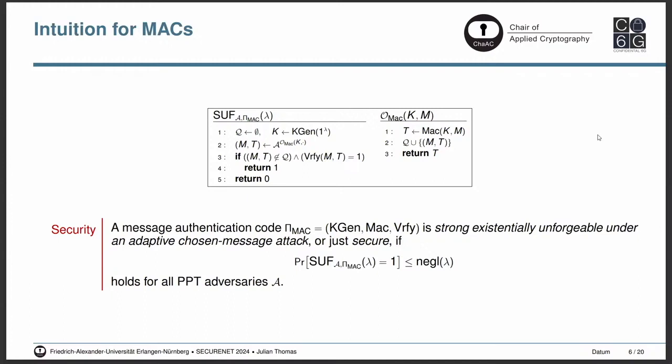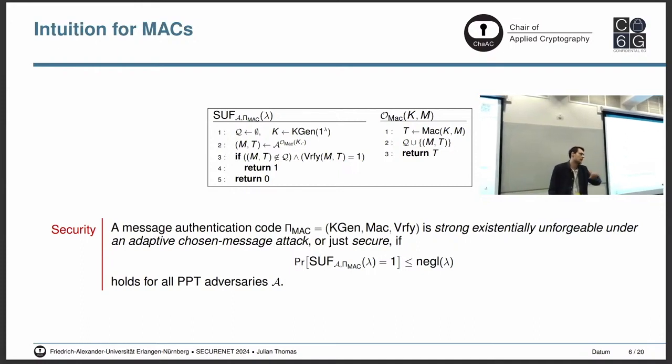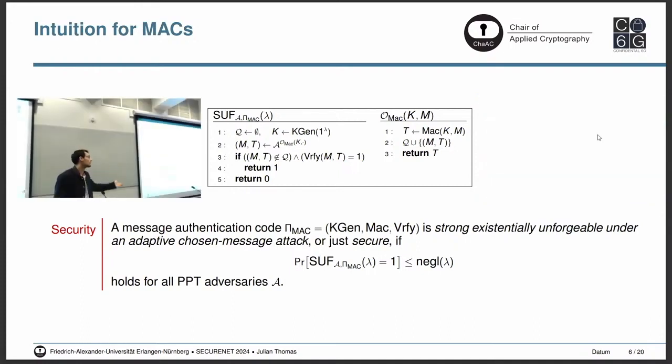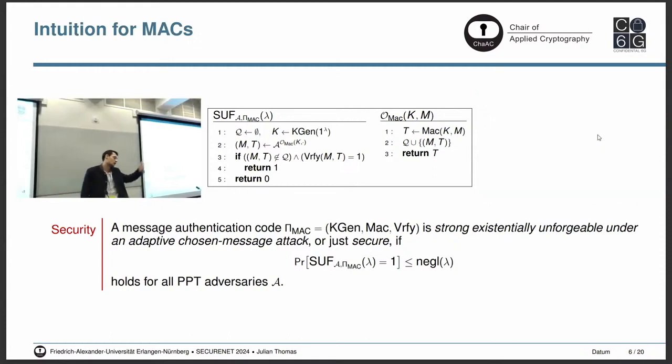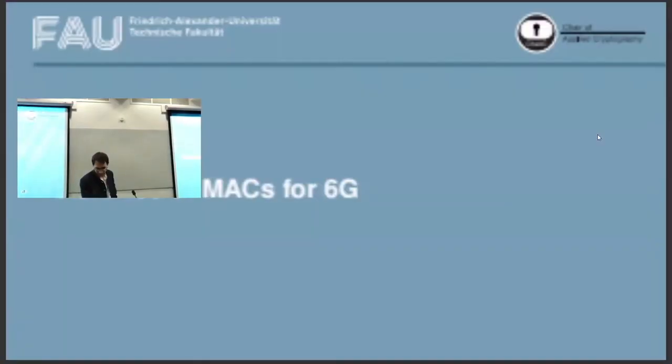Looking at the oracle of the security experiment, we don't only want to prevent forgeries for new messages, but also new message and tag pairs. So an adversary may also try to use an existing tag for a different message, which is one of the strongest security definitions there are for message authentication code schemes.